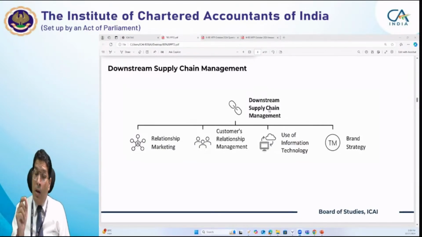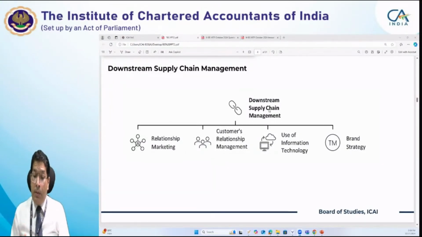Here in both streams of supply chain management, the role of IT is very, very crucial. In upstream supply chain management, this allows businesses to source, purchase, and pay for goods electronically, reducing costs and time and improving efficiency.